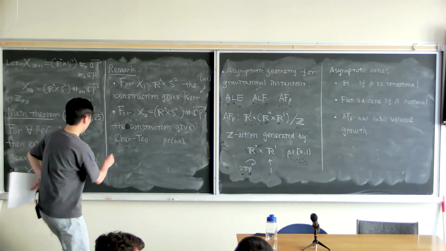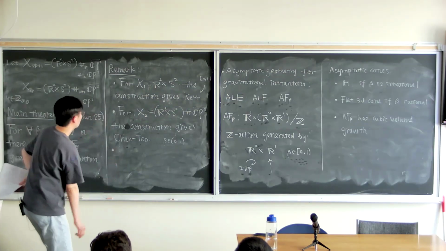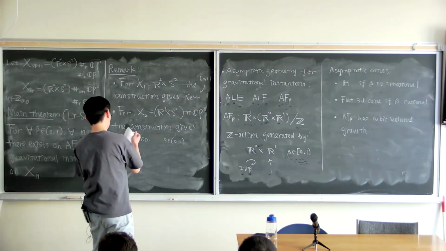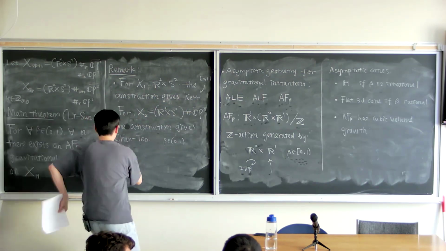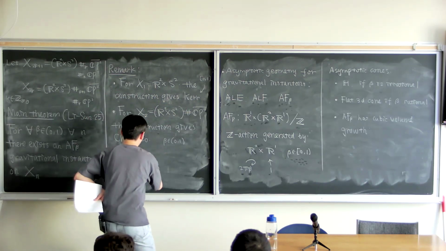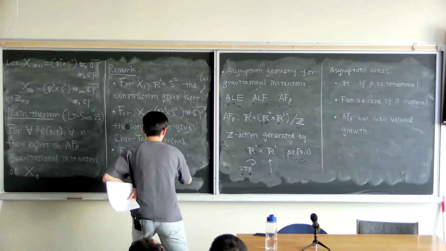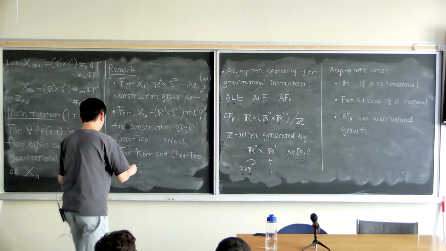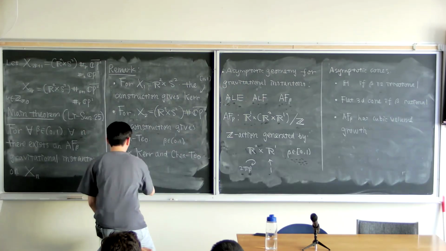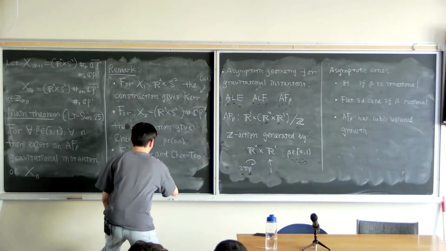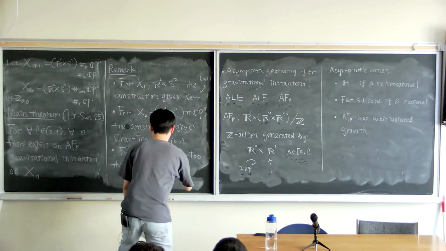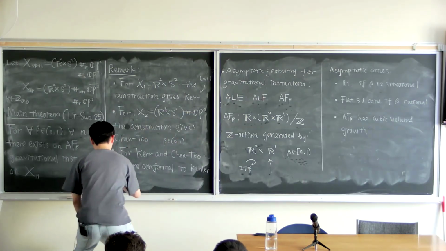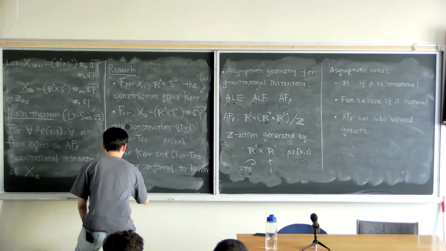And I have one last remark here. That's for complex geometers in this room. For Kerr and Chen-Teo, you have the complex geometry. They are conformally scalar-flat Kähler.